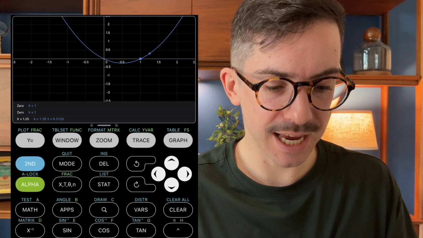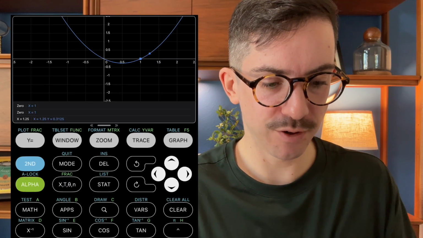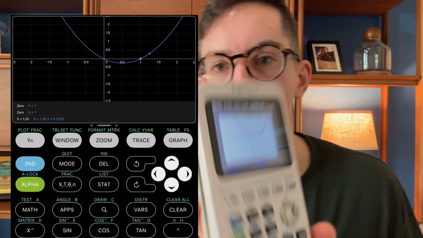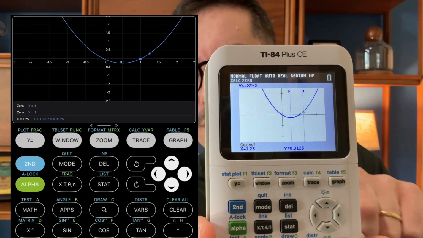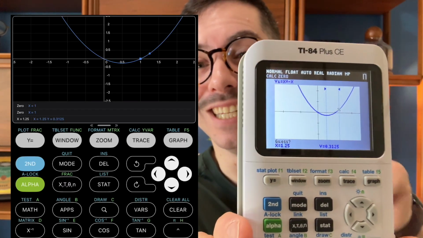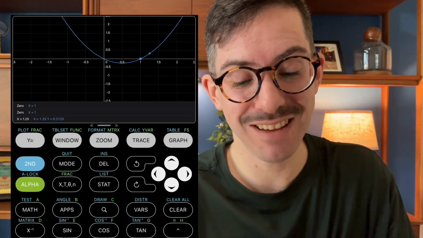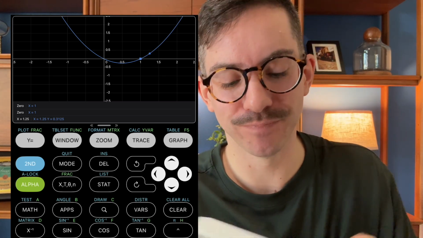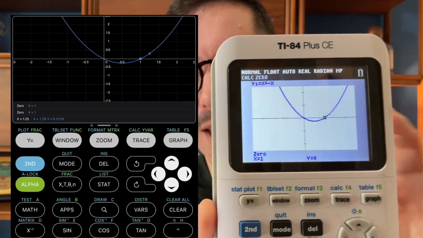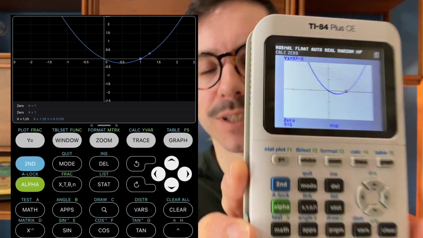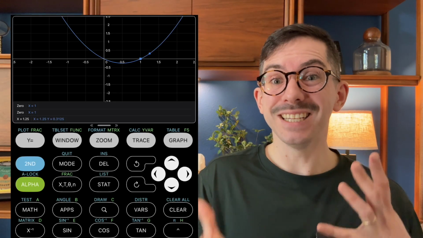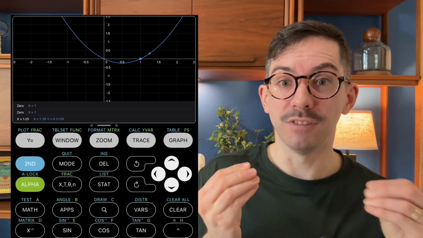So I'm going to pick that same intersection point, left bound, right bound. Okay. But then on your physical calculator, unlike the app that I'm using to show you on the screen, you need to enter a guess. Your guess can be pretty bad, but it's just your best attempt. You're going to hit enter one more time, and then, it finds that x-intercept as before. Wonderful. So that's finding x-intercepts of a single function, a single graph.